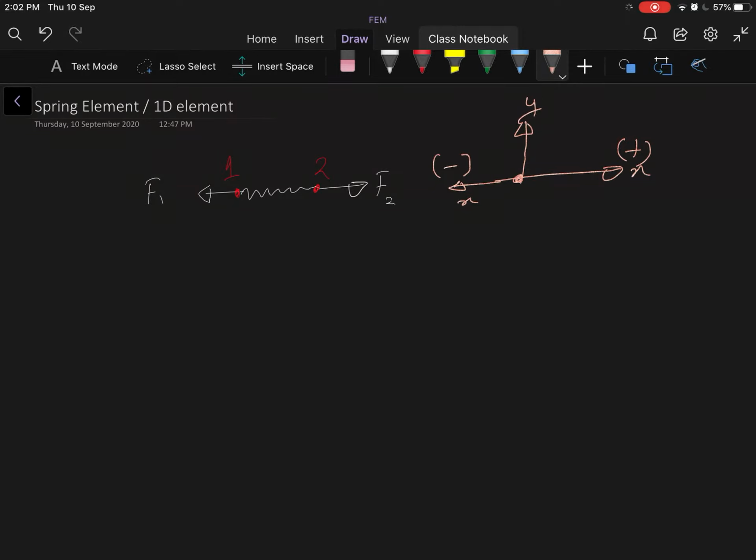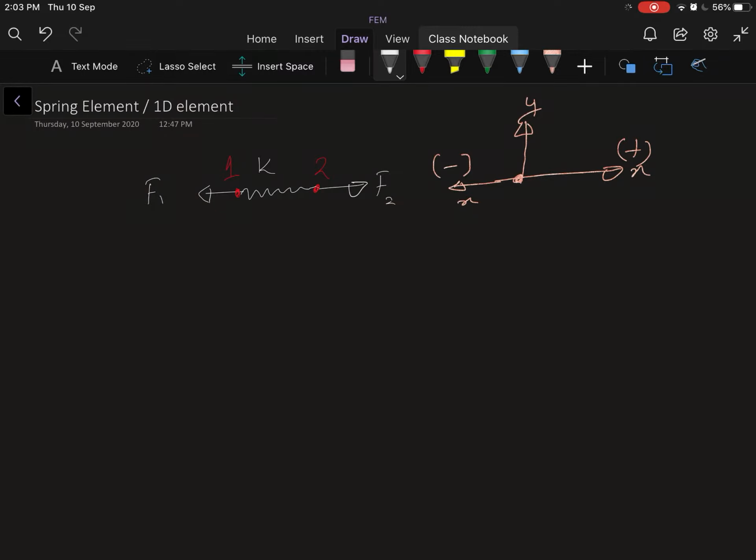Now see, in this case, when we say that it is a spring, then any spring has also got one more thing, and that is stiffness constant K. Let's say that this particular spring is having a stiffness constant K. Now what does a stiffness constant K mean? Stiffness constant K means how much force is required to displace a particular spring through a particular distance.